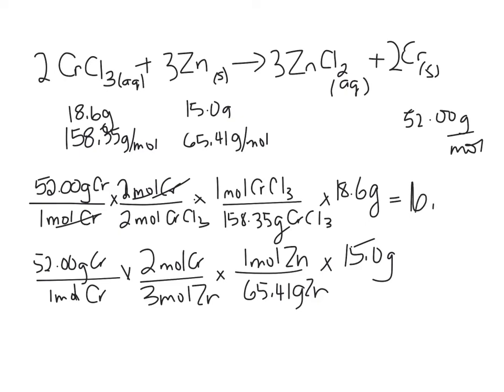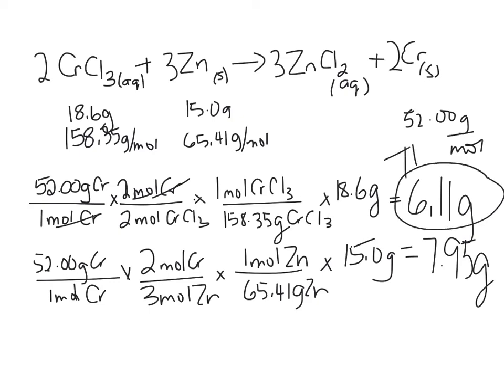If you are doing formulas, you should get one of the same masses. So which one of these two numbers is smaller? The first one. So this is our theoretical yield, and our limiting reagent is the reactant it came from.